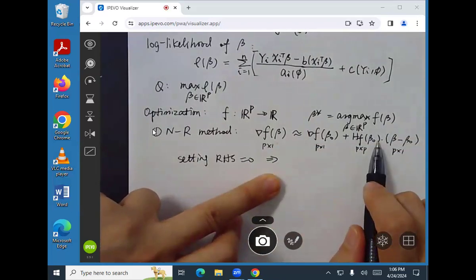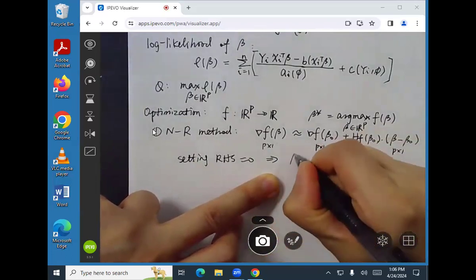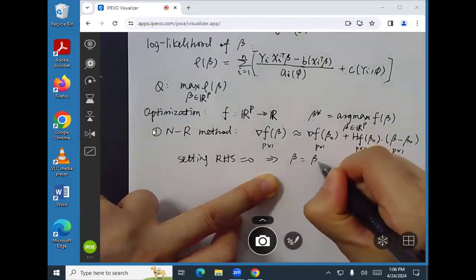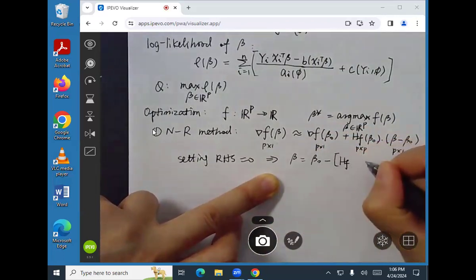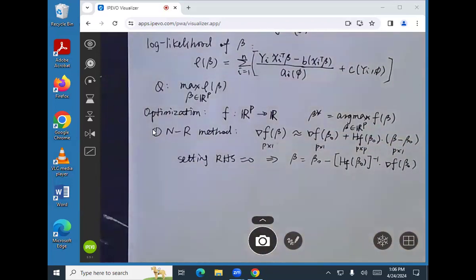The update is that the next beta value is equal to beta 0 minus the inverse of the Hessian of f at beta 0 times the gradient of f at beta 0. So this is how we solve the right-hand side, set it to 0 and solve for it. And this gives us an update rule.